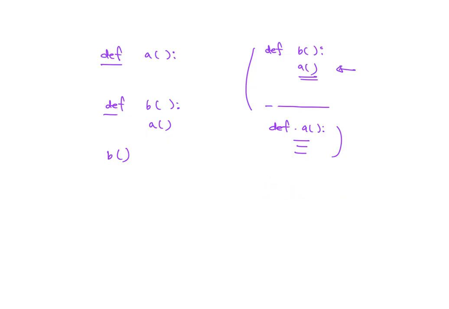So you have the definition of many functions in whatever order. And then they define the main function with some function calling. You may call function A, you may call function B or C or whatever.